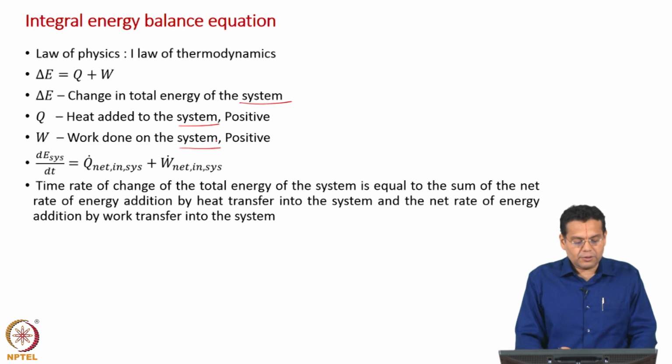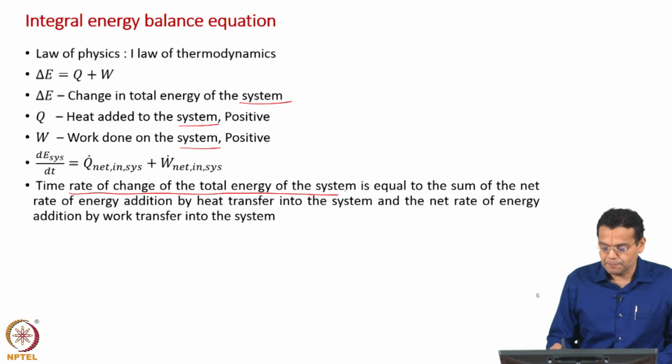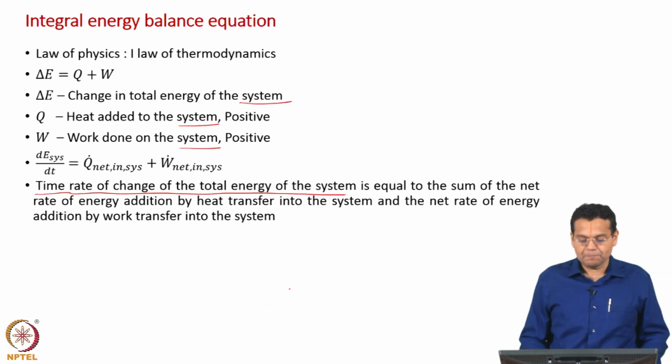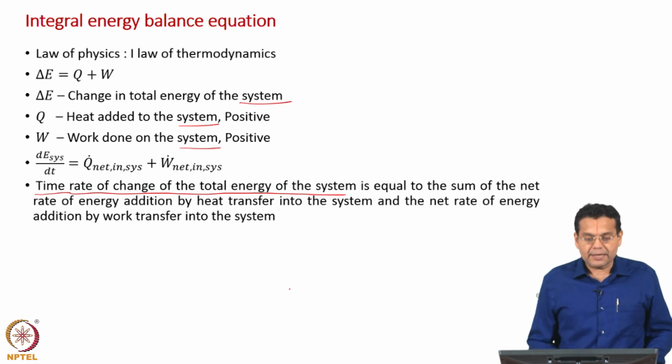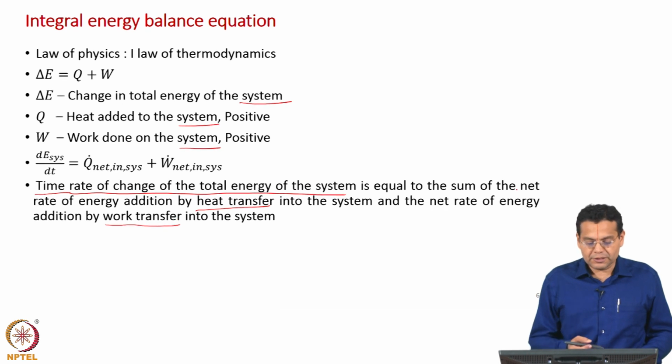Left hand side is the rate of change of total energy of the system. As usual, we have been very specific, saying it is time rate of change. On the right hand side we have two energy addition terms, one by heat transfer, the other by work transfer. Of course, it is the rate of energy addition by heat transfer and the rate of energy addition by work transfer.